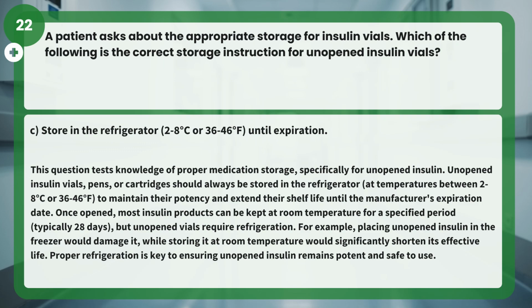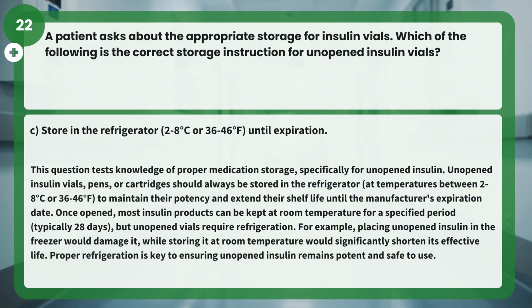This question tests knowledge of proper medication storage, specifically for unopened insulin. Unopened insulin vials, pens, or cartridges should always be stored in the refrigerator, at temperatures between 2 to 8 degrees Celsius or 36 to 46 degrees Fahrenheit, to maintain their potency and extend their shelf life until the manufacturer's expiration date.